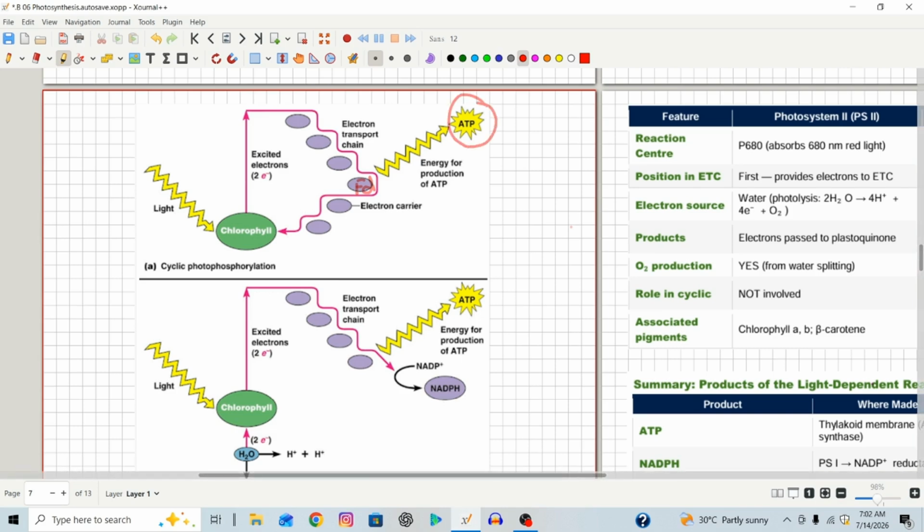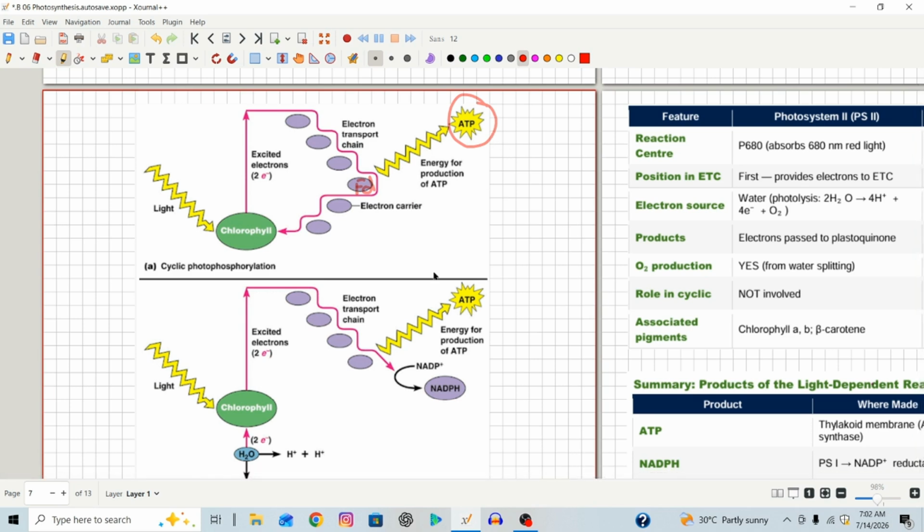Ferredoxin is the point where the chain reaction starts. Instead of electron transfer from ferredoxin to NADP positive, the electrons go back to the photosystem, and the chain goes on again and again, and ATP molecules form continuously.